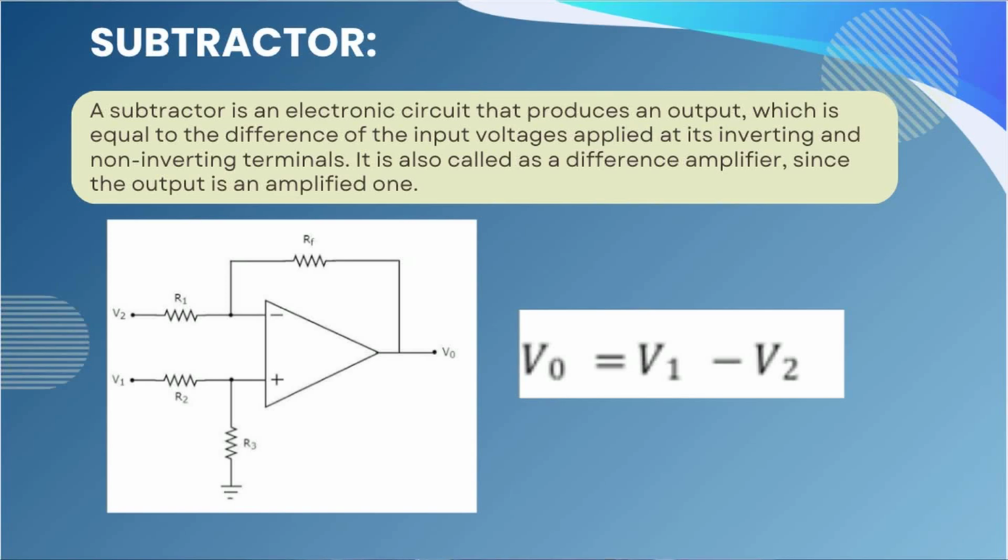The op-amp based subtractor circuit produces an output which is the difference of the input voltages V1 and V2 when all the resistors present in the circuit are of the same value. And the equation for the subtractor circuit is V0 equals V1 minus V2.